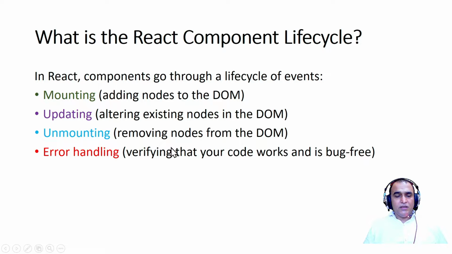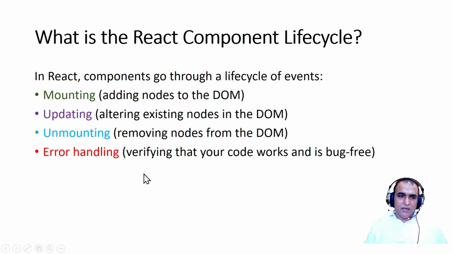Now each and every component in React has three phases that are permanent, and one phase that is optional. Mounting, updating and unmounting, these three phases are permanent, and error handling is optional.